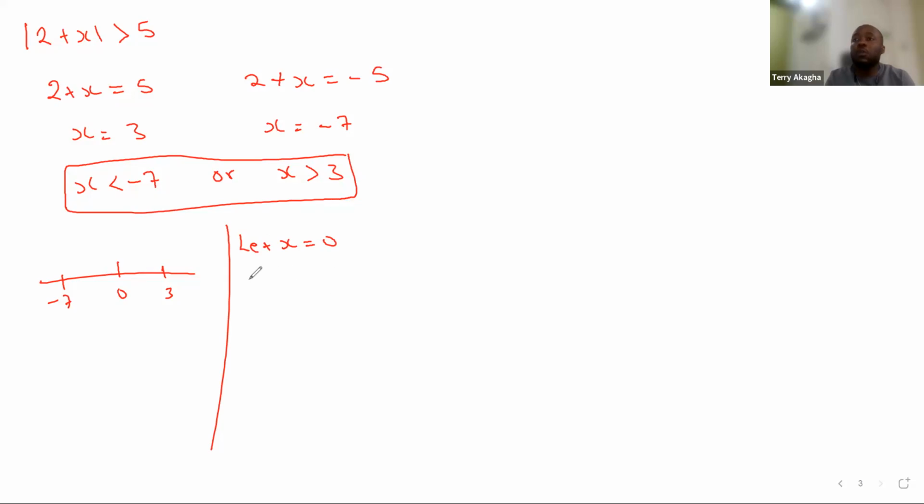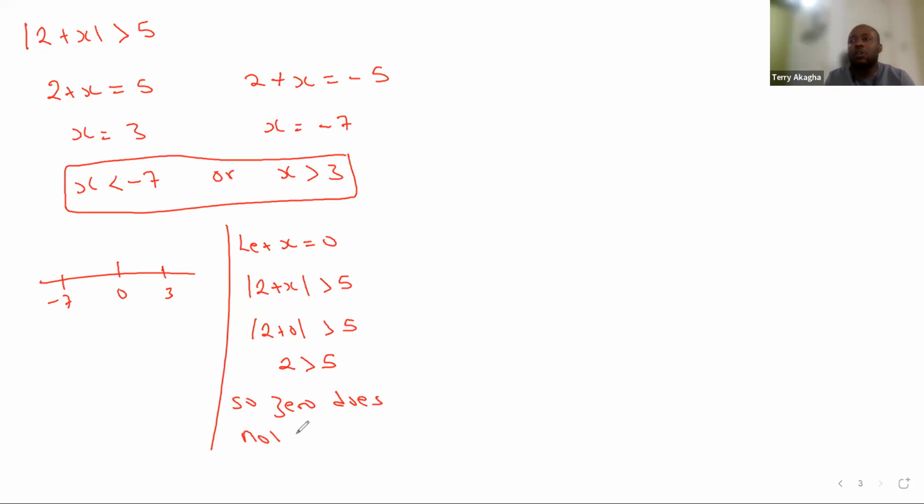It's the same thing, 2 plus x is greater than 5. You put 0 there, so it's 2 plus 0 is greater than 5, so 2 greater than 5. Is 2 greater than 5? Nope, so 0 does not work.